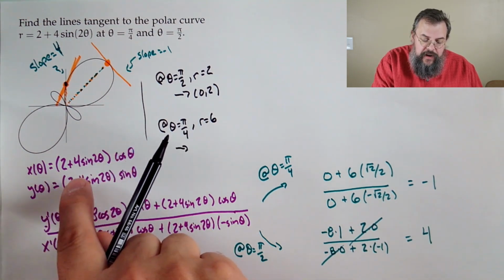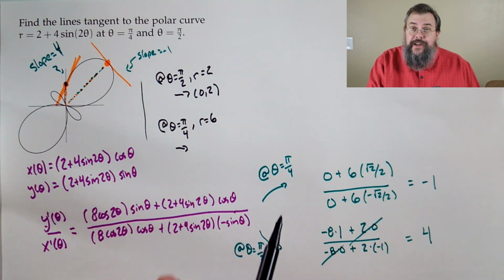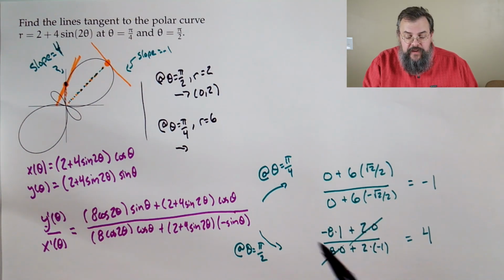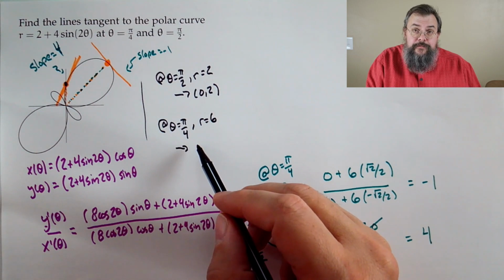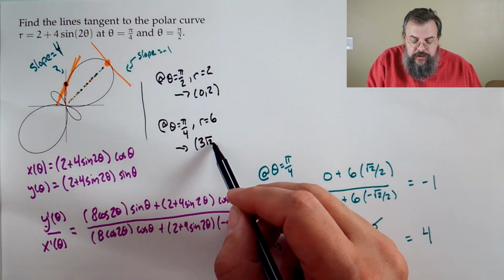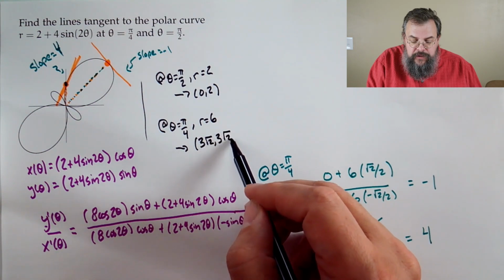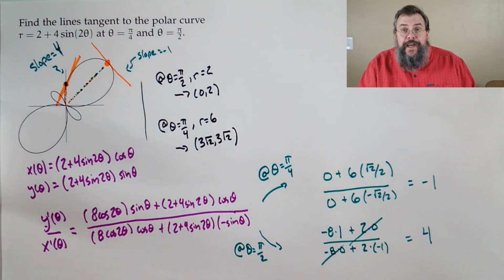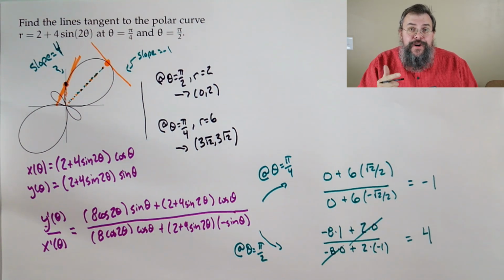Namely, x is r cosine theta, y is r sine theta. Cosine of pi over 4 and sine of pi over 4 both equal square root of 2 over 2. If you multiply by 6, you get rid of the 2. It goes into 6 with 3 root 2, 3 root 2.